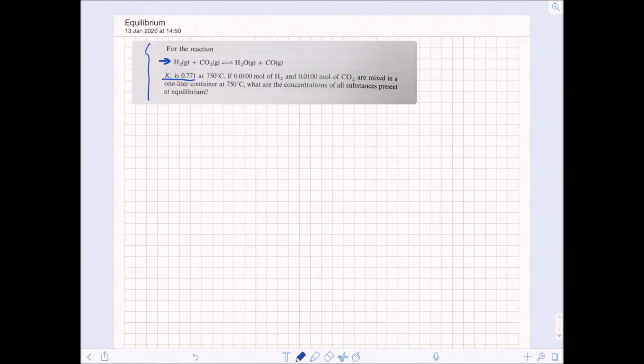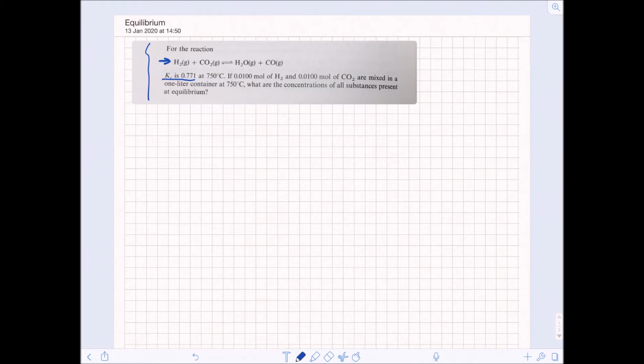So we understand that hydrogen will react with carbon dioxide to form water and carbon monoxide. That's a given. But how do we go about solving this problem?